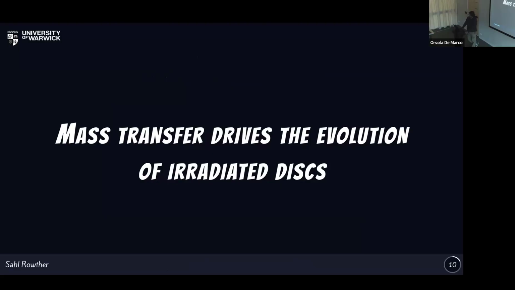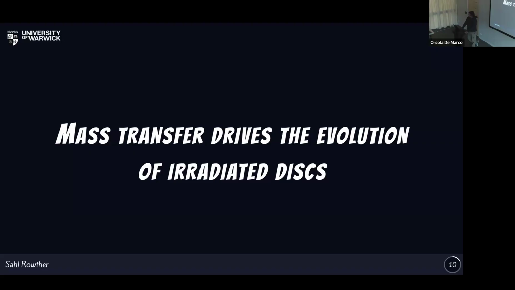One of the other things in this talk is what happens when there's a transfer of mass into the protoplanetary disk, and this is important because, as I show later, disks don't evolve in isolation. They're influenced by the star-forming environment.